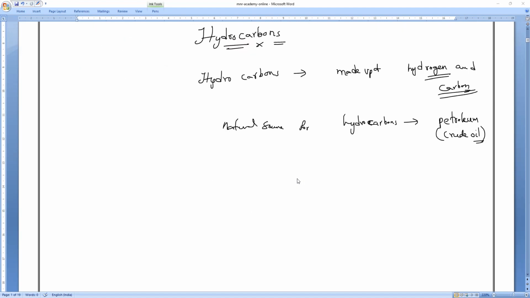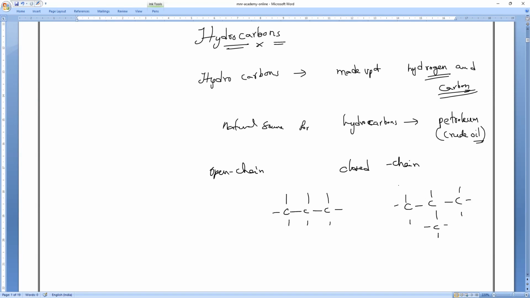Now, these hydrocarbons, you remember, may be open chain or closed chain. As I said already, carbon can form straight chain, branched chain, and ring structure. Ring structure is called a closed chain.